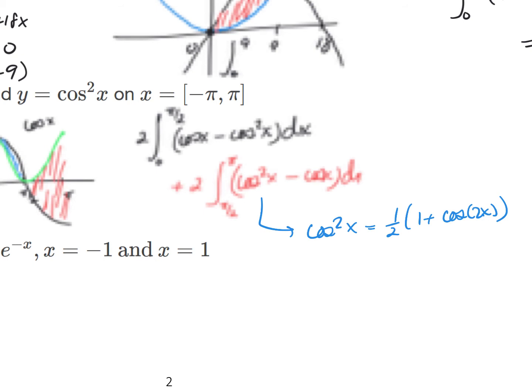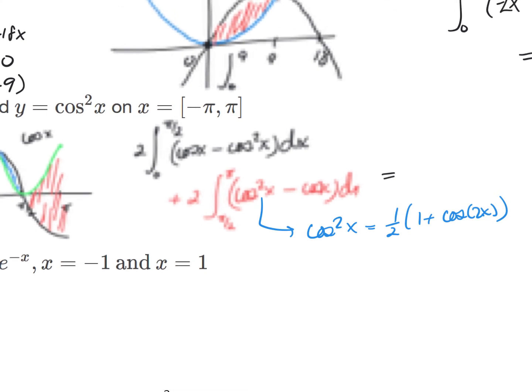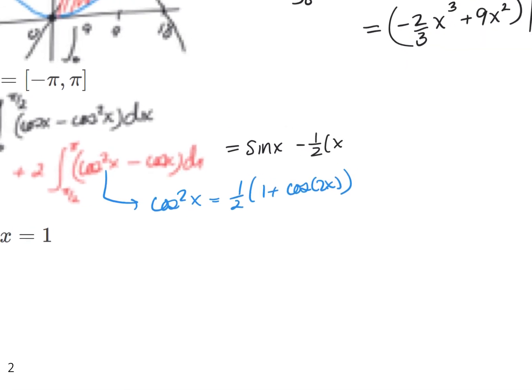When I get totally done, by the way, by doing these two integrations, my final answer is the sine of x minus 1/2 x plus 1/2 the sine of 2x. And this one will be evaluated from 0 to pi over 2.